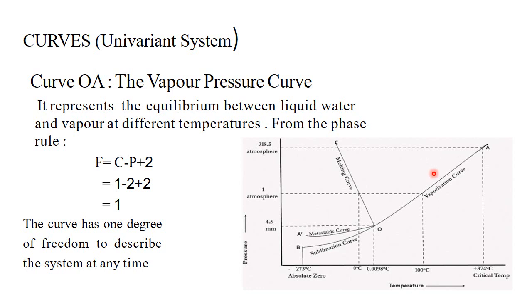It's a one component system, with water existing in two phases, one the liquid phase and the other the gaseous phase. So here we are only discussing these two phases. Plus 2, that is the constant of the phase rule, so the number of degrees of freedom is 1. The curve has 1 degree of freedom to describe the system at any time.